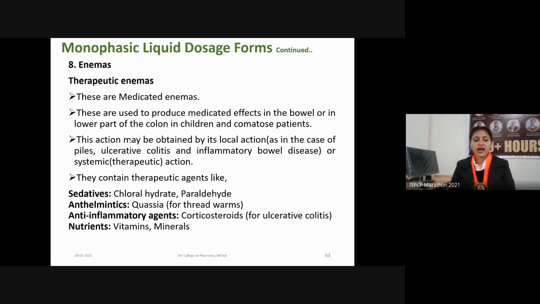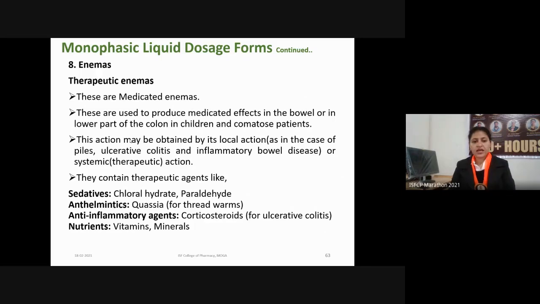Enemas are also used as therapeutic enemas. These are medicated enemas. These are used to produce a medicated effect in the bowel or in the lower part of the colon, in children and in comatose patients.